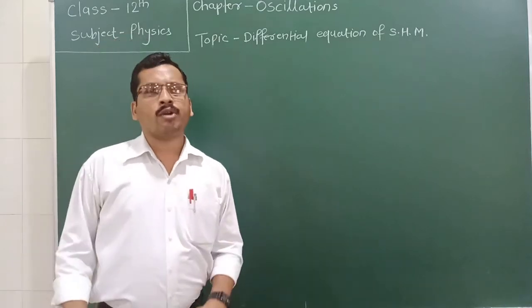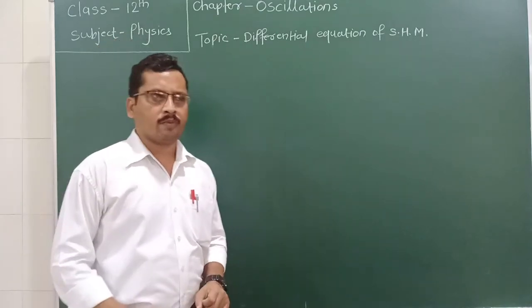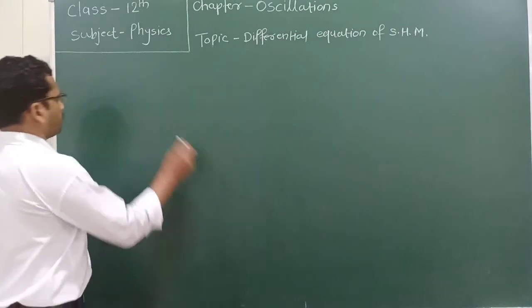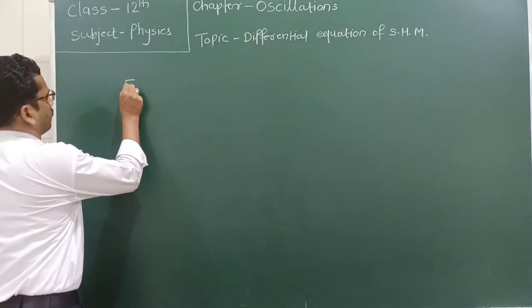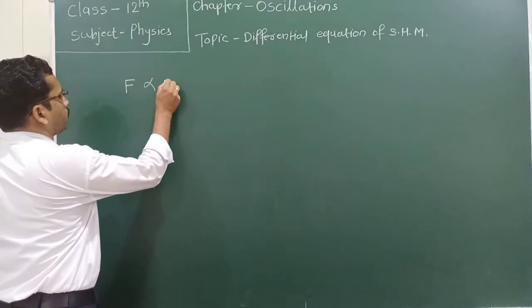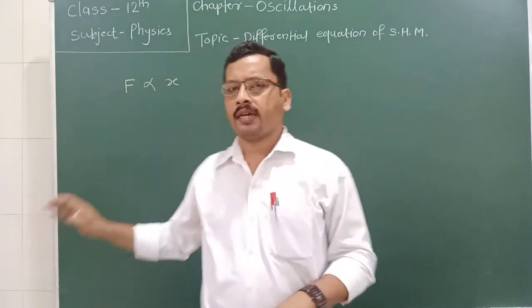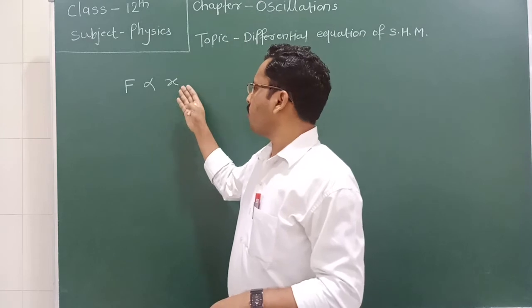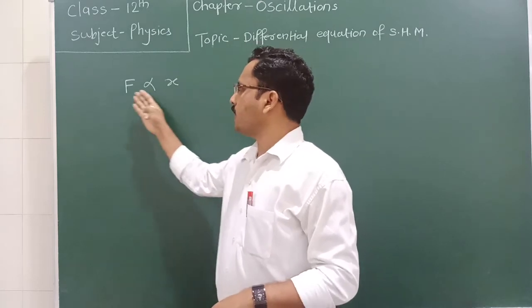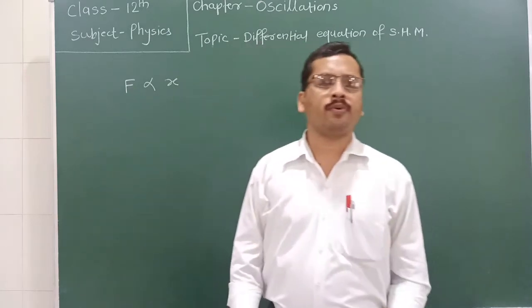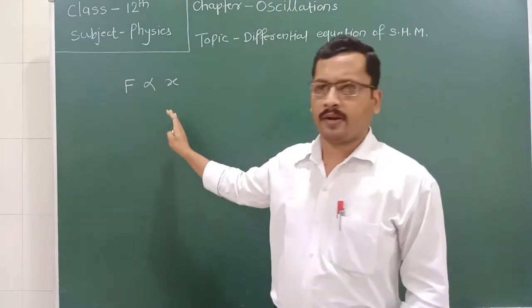Now, according to the definition of simple harmonic motion, the force is directly proportional to the displacement. Here x is the displacement of the particle or the object, and F is the amount of force acting on the particle.